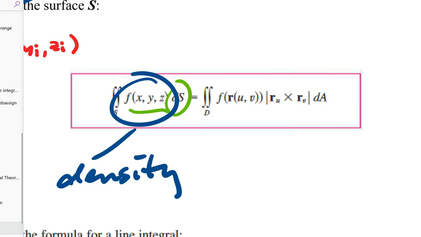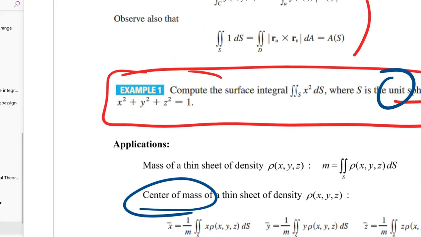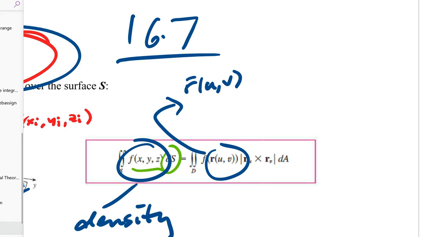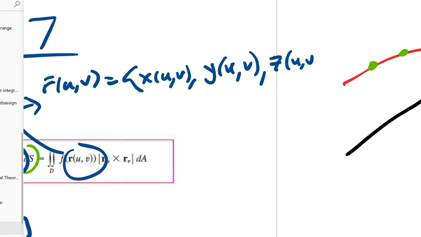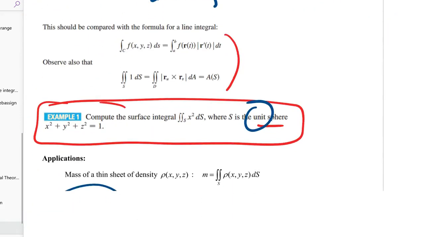It's now in terms of x and y, and the parameterization is different now. When you parameterize your surface like r of u, v, the x, y, and z are all functions of u and v. But whenever you have z equals a function of x and y, then these two pieces are just single parameters. They're just the parameters themselves.